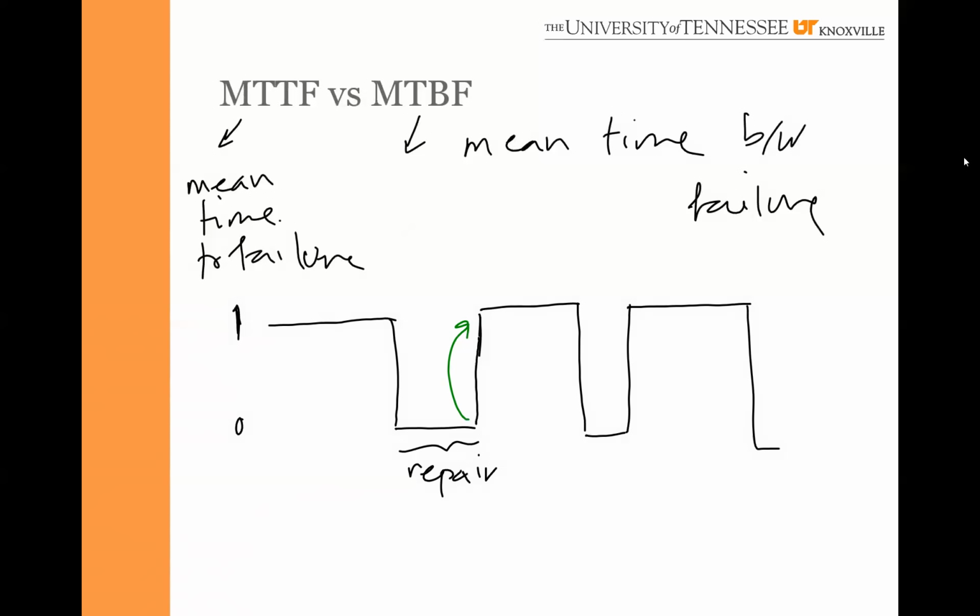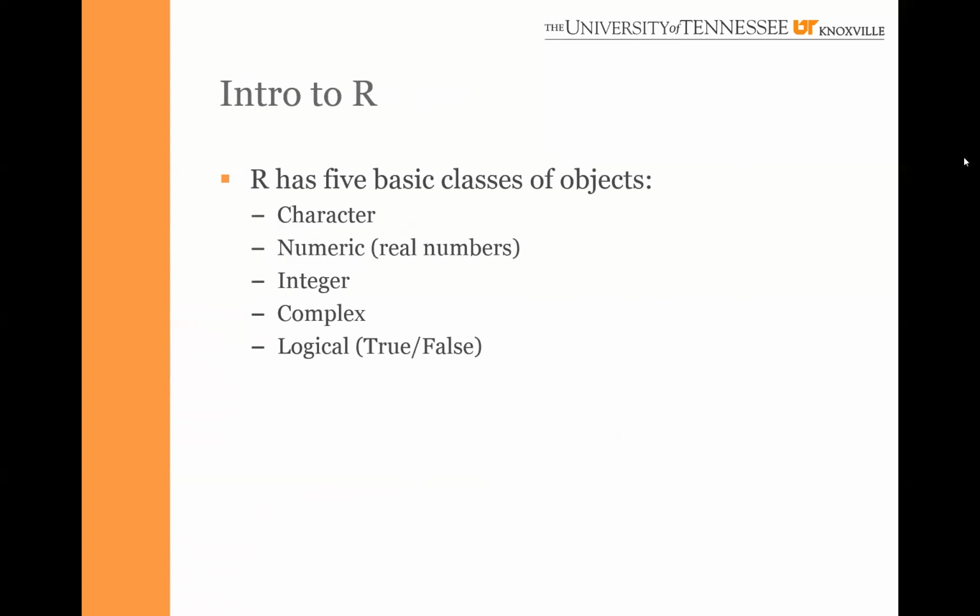Not all maintenance brings the system back to as good as new or perfect status. Sometimes it's imperfect. So in that case, mean time between failure is not necessarily the same as mean time to failure. I just wanted to make that quick distinction, but again, that falls under maintainability. All right, let's just start with our intro to R.